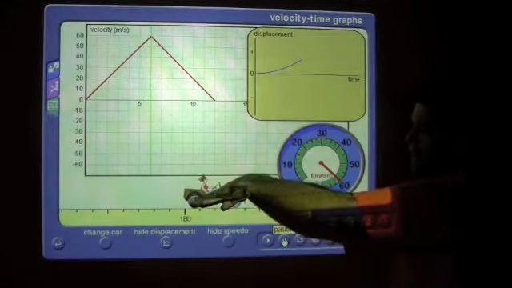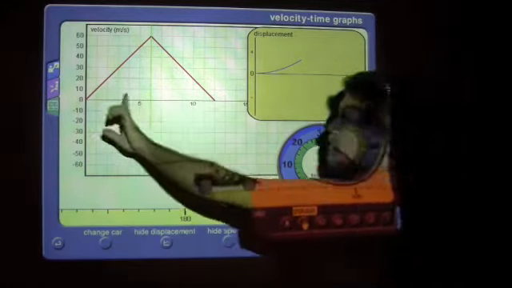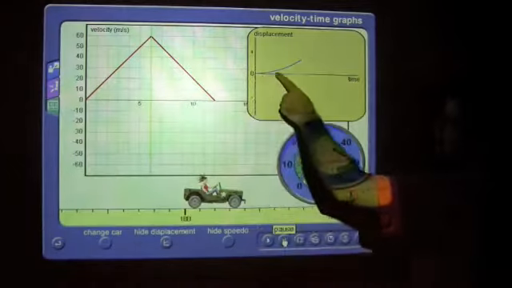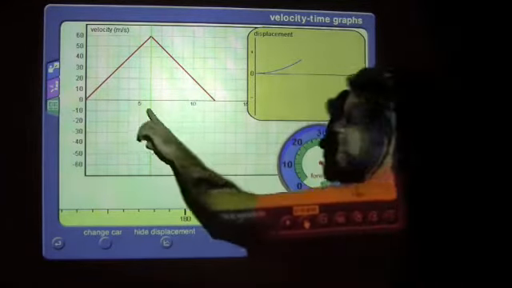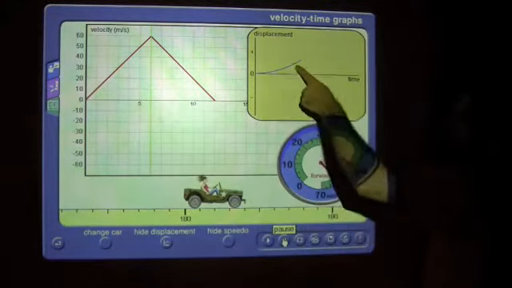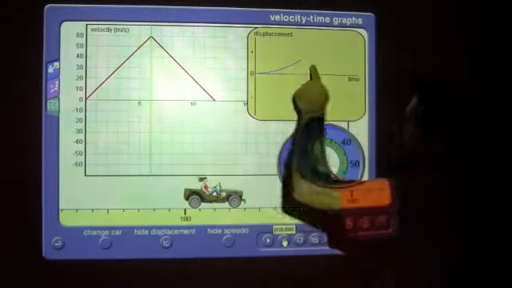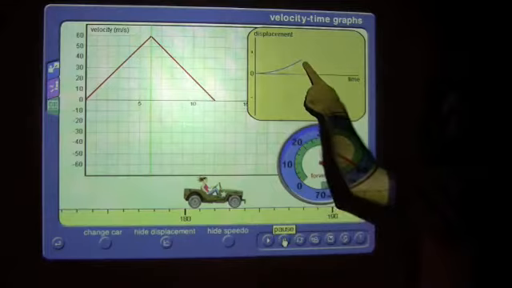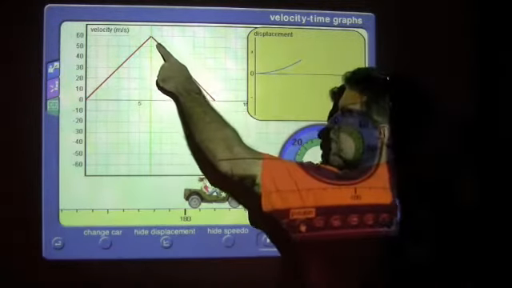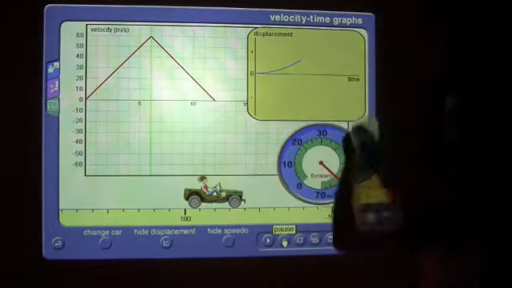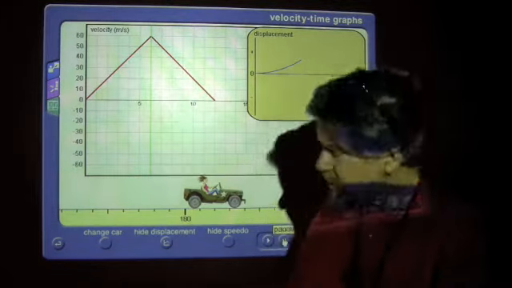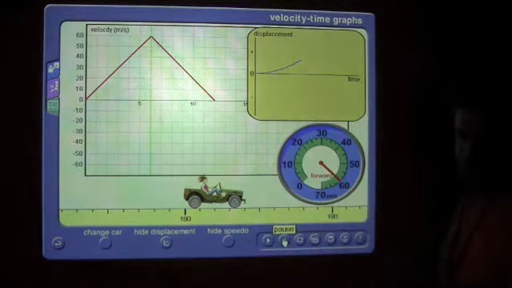So her Jeep went from this angle to this angle. So at this instant, at 6 seconds, that right there is the steepest that slope's going to get. Very steep positive slope. From here on, the slope is going to become less and less until it becomes flat. Okay, and her speed's at the maximum, 60.